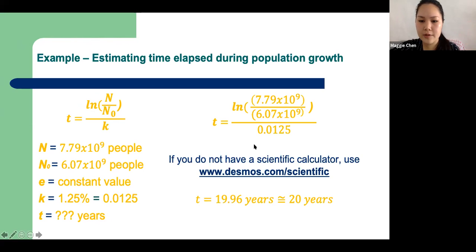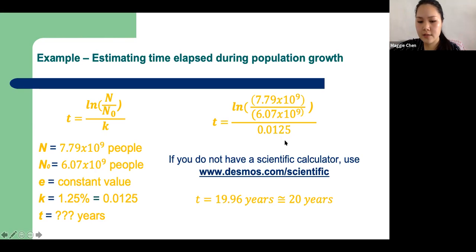If we plug all of this in, it would look like this, where T is equal to ln, in parentheses, our N, 7.79 times 10 to the 9 people, all over our initial population size, 6.07 times 10 to the 9, in parentheses, all over our K growth rate of 0.0125.